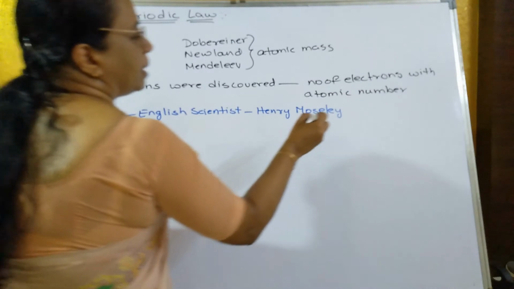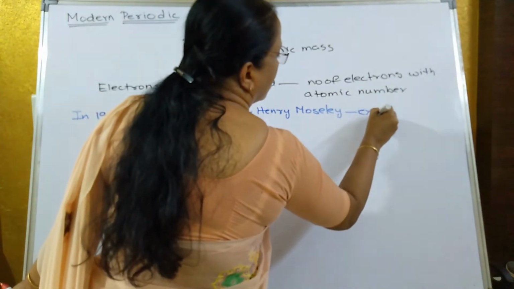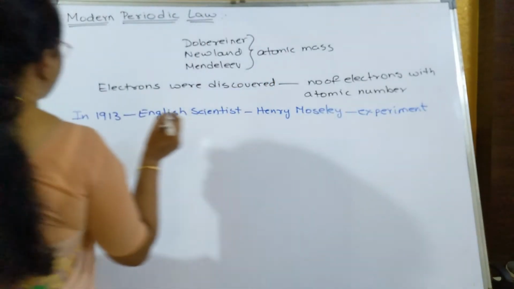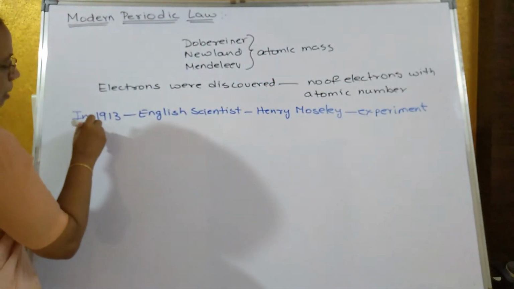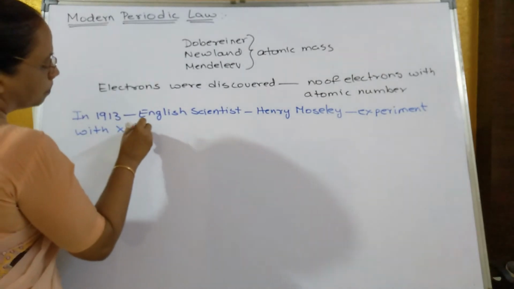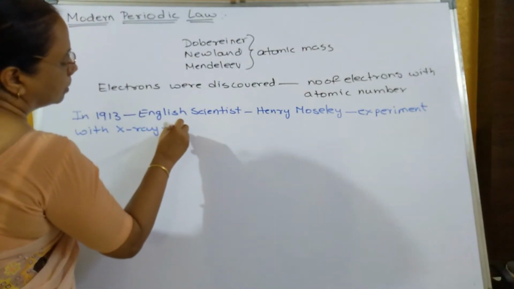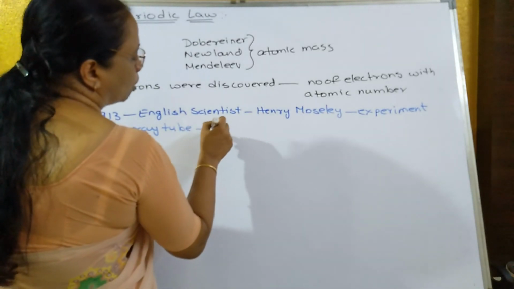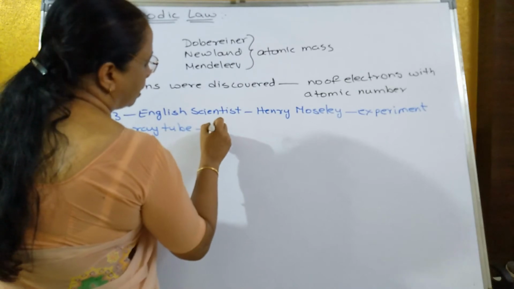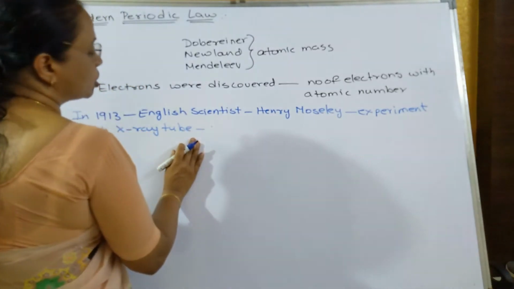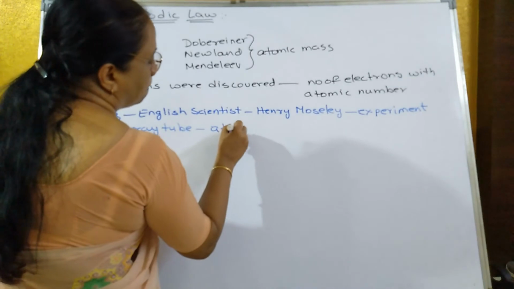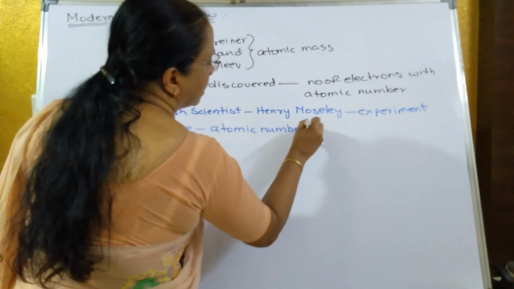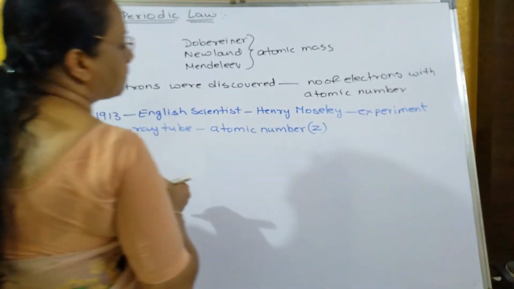He conducted an experiment with the help of X-ray tubes, and he showed the protons which were there, and this way he showed that the atomic number, which you have studied in your earlier standard, is denoted by capital letter Z.